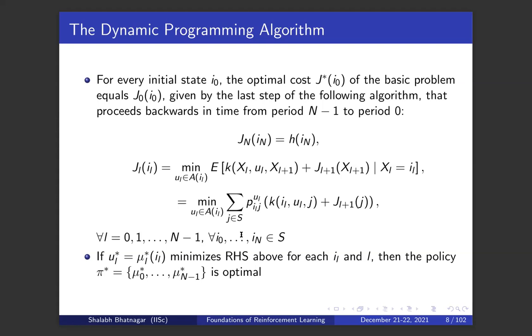So the point is that if ul star is something that minimizes the right hand side above, and we identify mu l star of il with ul star, then we know that this policy pi star, which is mu 0 star, mu 1 star up to mu n minus 1 star, would be optimal.